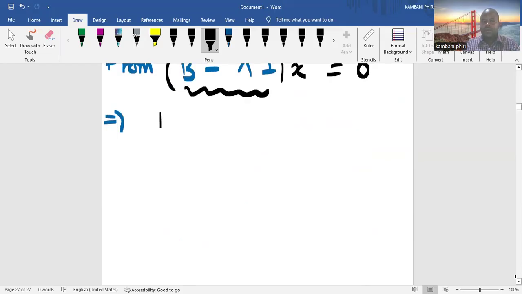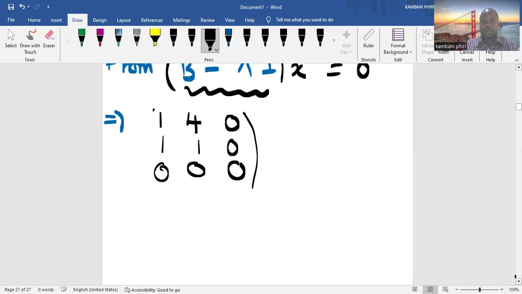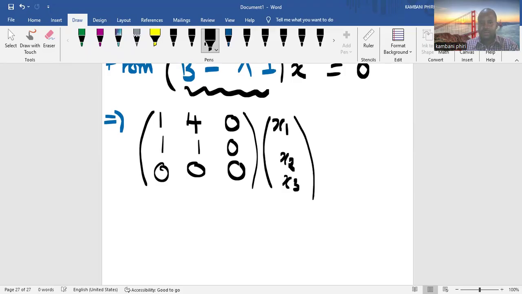We are going to have 1, 4, 0, 1, 1, 0. Then we have 0, 0, 0, times X1, X2, X3, equals 0, 0, 0.